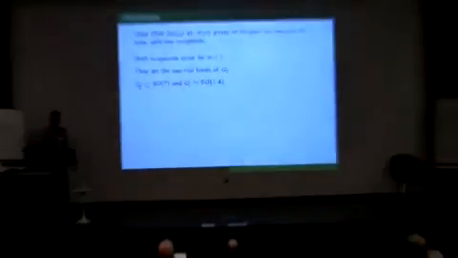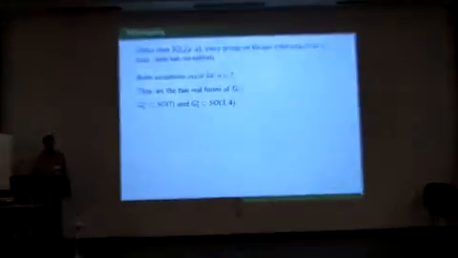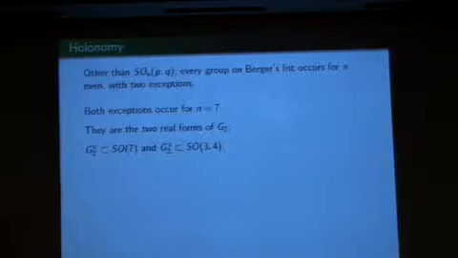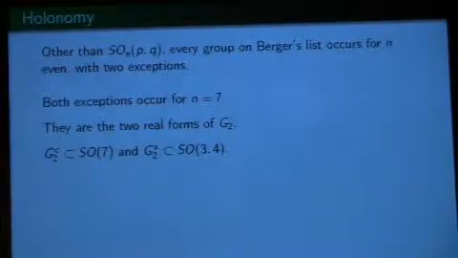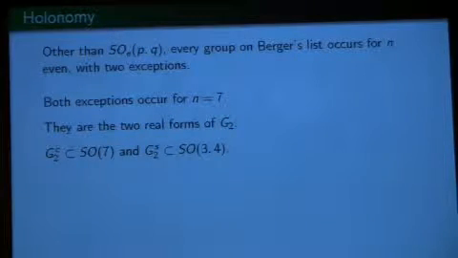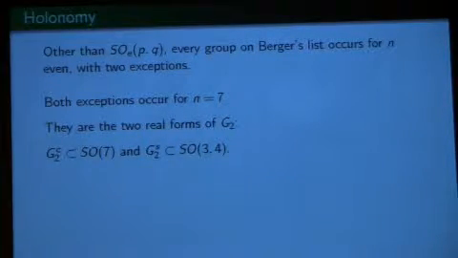If you don't know about G2, the next slide will be a little mini introduction to G2. There are two real forms: G2 compact, which is a subgroup of SO(7), and the split real form, which is a subgroup of SO(3,4). Other than the full groups, these are the only possibilities on Berger's list in dimension 7.